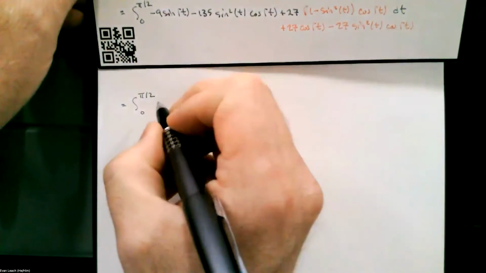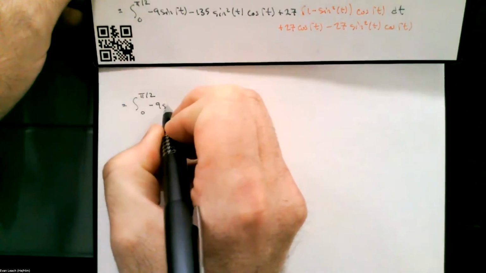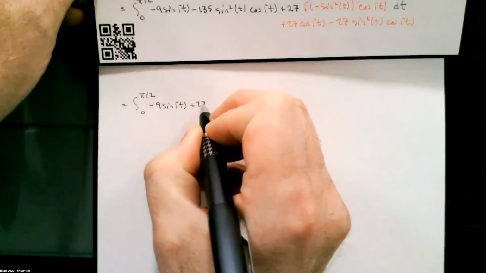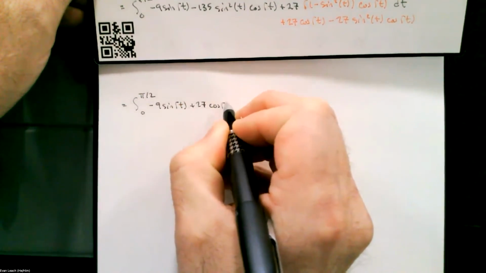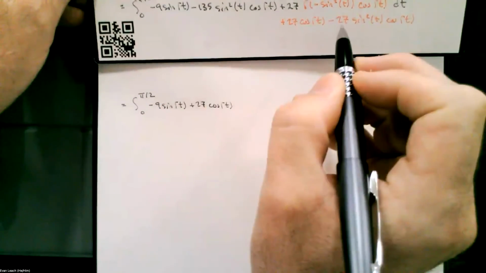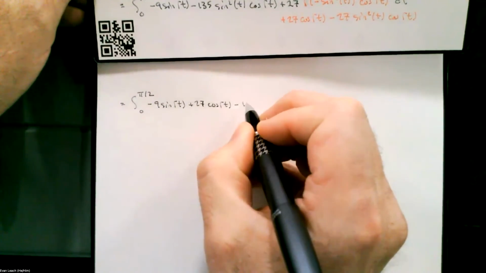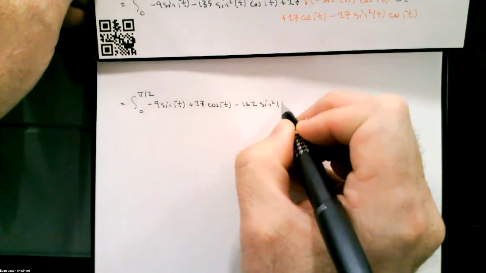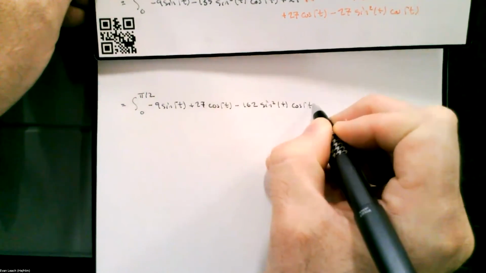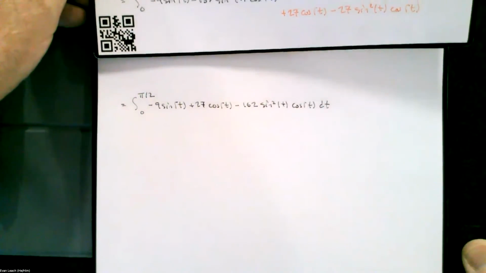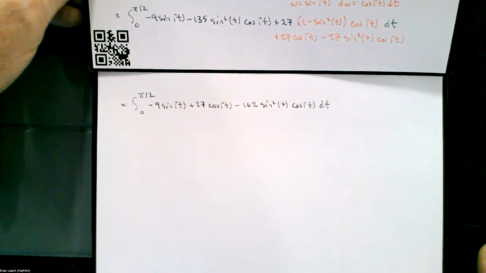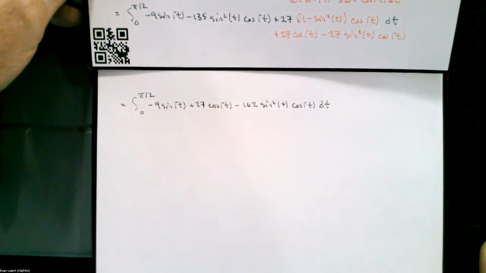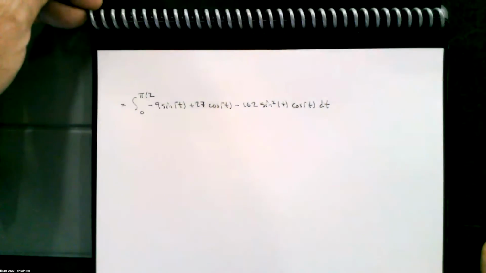Ugh. Minus 9 sine of t plus 27 cosine of t minus 150/12 sine squared cosine. Looks like I got everything.